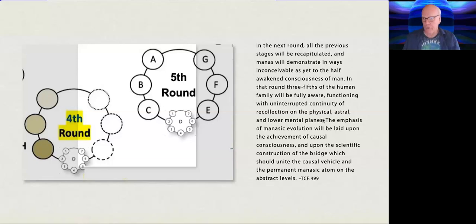That is an extraordinary stage of becoming. That's related somewhat to what happens now at the third initiation. This idea of continuity of consciousness will be achieved in this distant period.